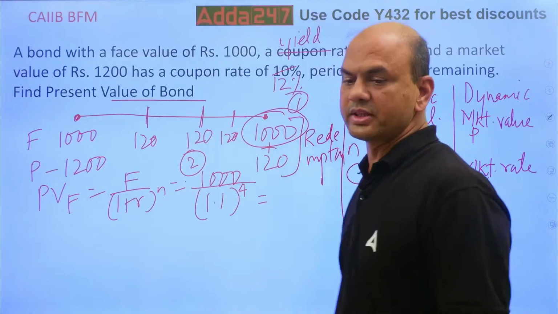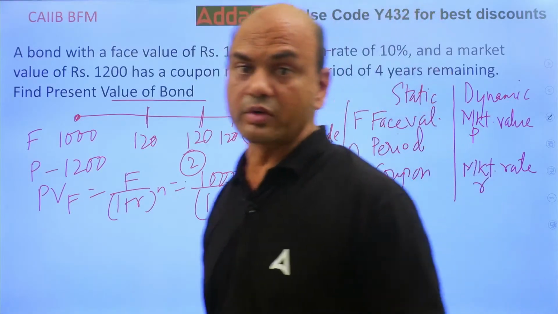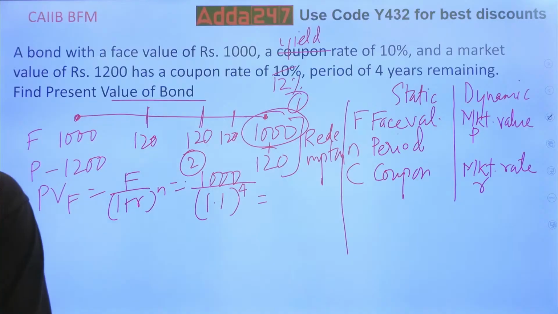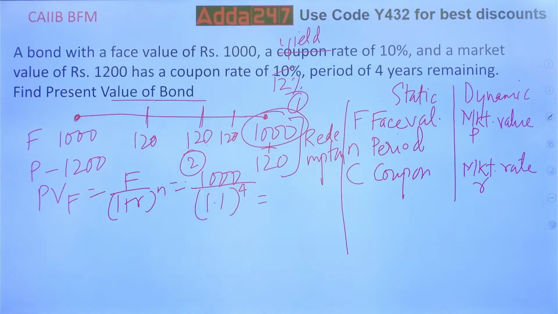What is the answer? 1000 upon 1.1 raised to 4. On the calci, into equal to 4 times. Okay? Do it everyone. So what will you get?